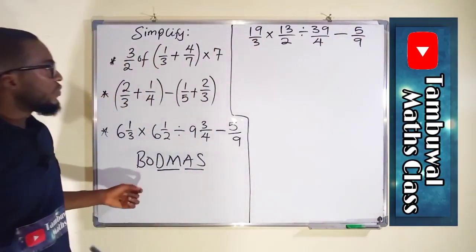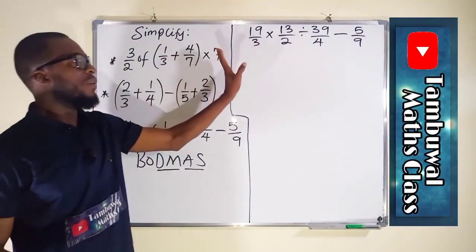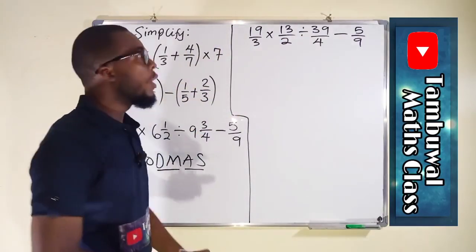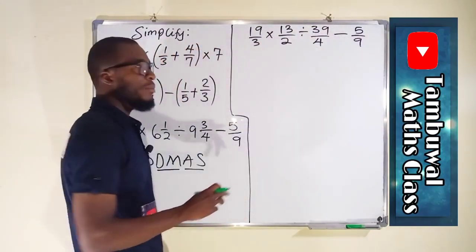So from the rules, division and multiplication are done simultaneously from left to right. But remember, division can also be converted into multiplication by taking the reciprocal of the next term there.